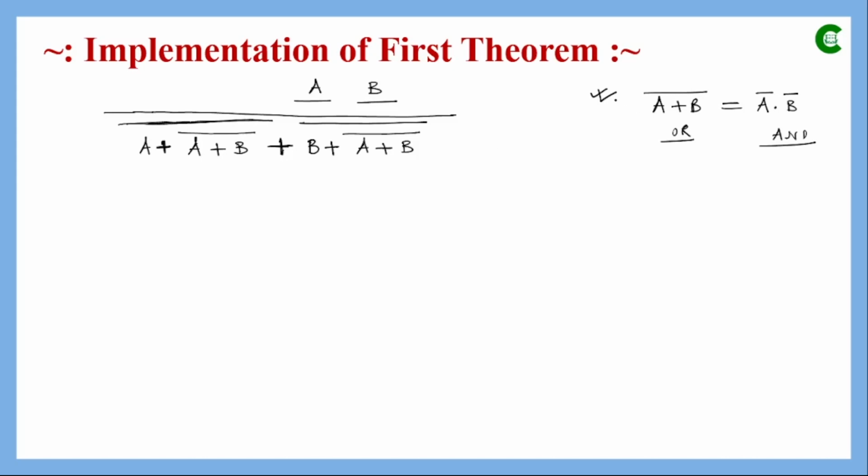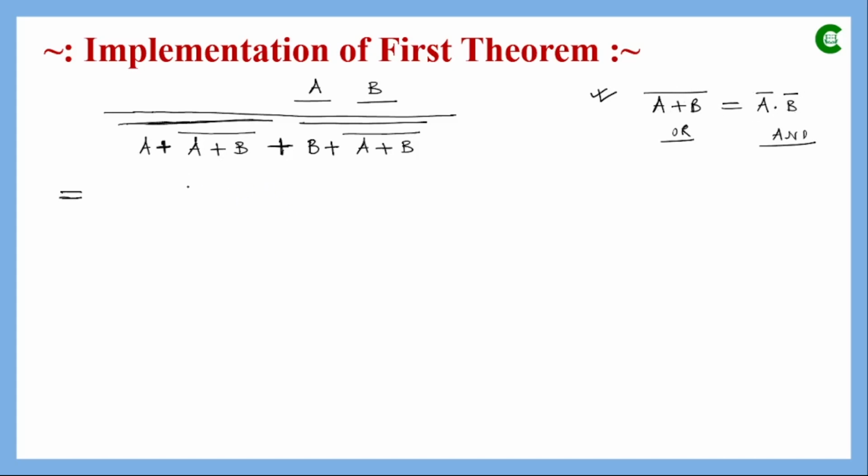Next we will simplify it by using De Morgan's theorem that we have just learned, step by step. What we can see here is that between A and B there is a NOR operation, and the theorem says (A plus B) bar equals A bar and B bar.